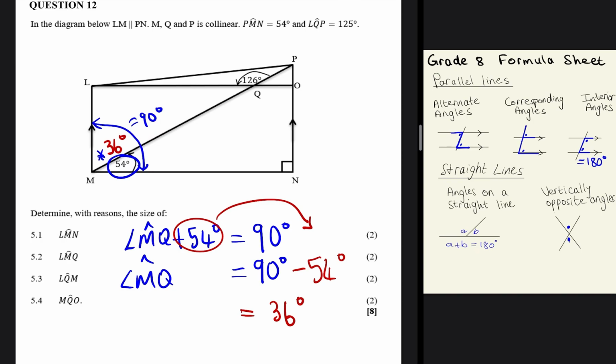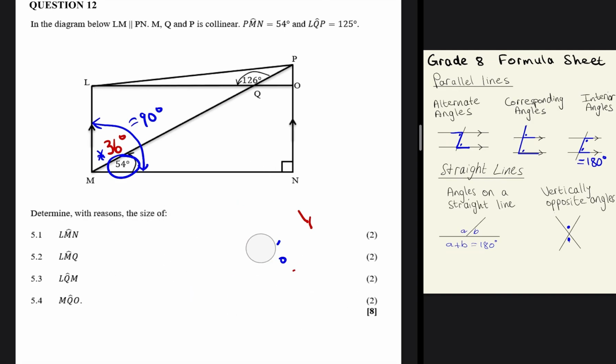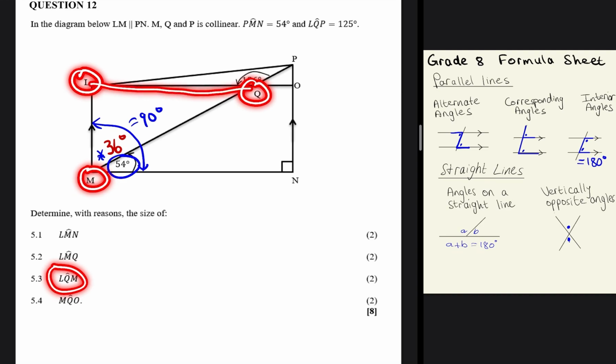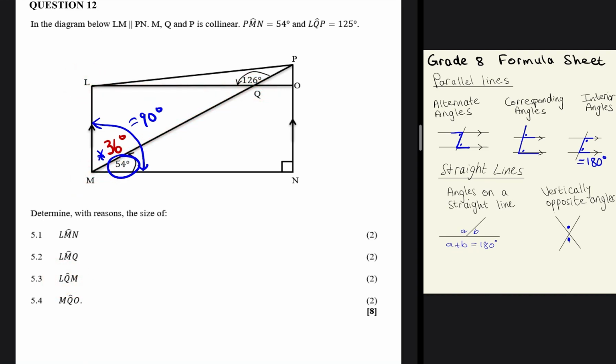Let's look at the next one. The next question is LQM. So where's LQM? There's L, there's Q, and there's M. So we're dealing with this angle over there. So what is that angle? How can we work out this angle over here? This is the one we're looking for. Again, look at your formula sheet. In the formula sheet, we have angles on a straight line.